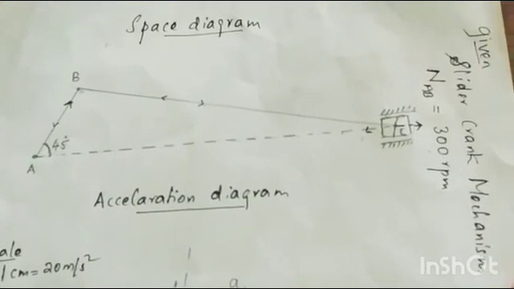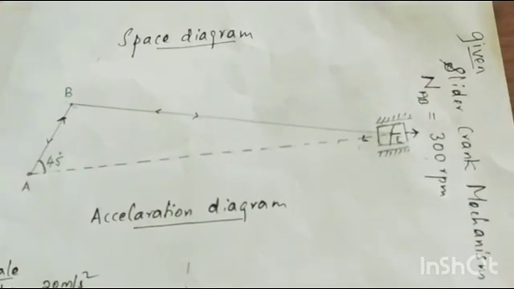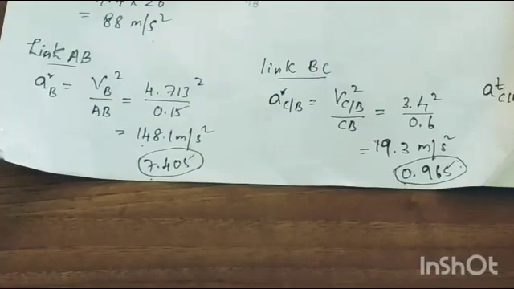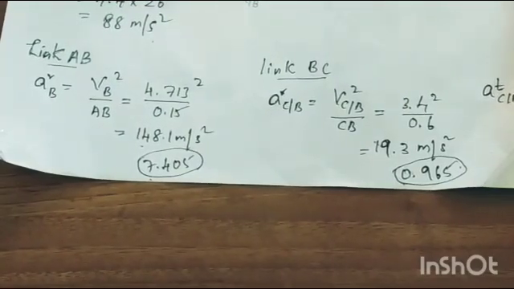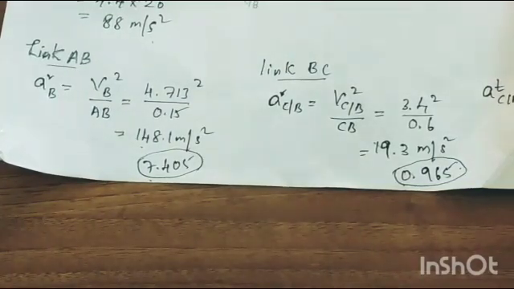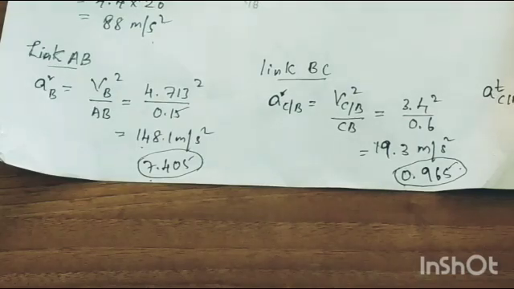Now we'll start drawing the acceleration diagram. For the acceleration diagram also we require the space diagram. From the space diagram only you are drawing the acceleration diagram. Before drawing the acceleration diagram, you should find the radial component and tangential component of the different links.